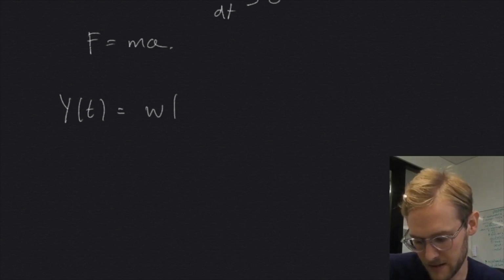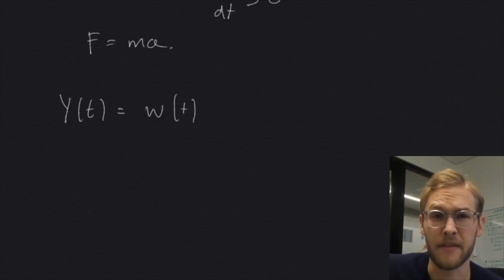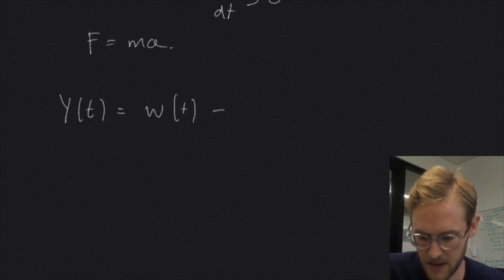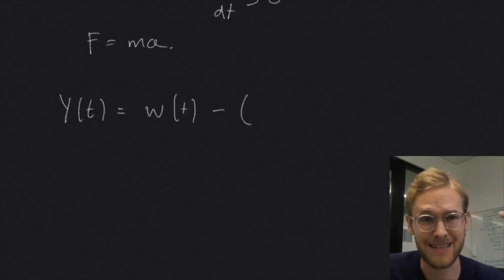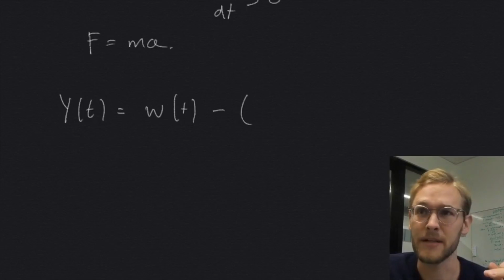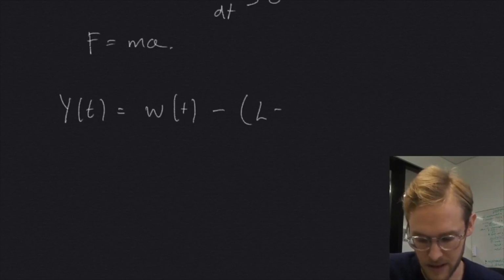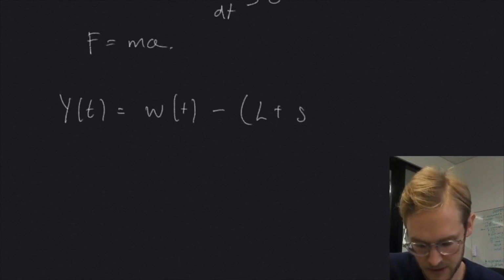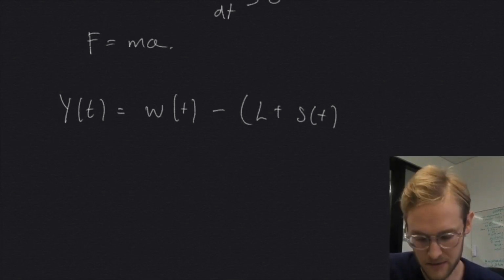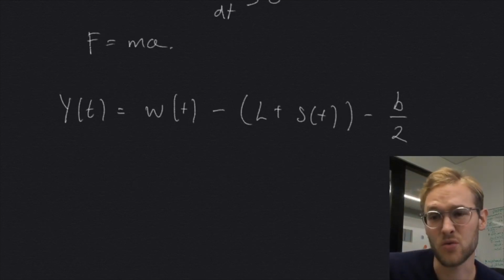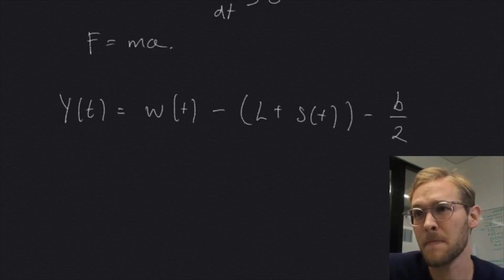It will depend on the position of the anchoring point, w of t, and because the position is actually in the negative y direction, it will be minus the length of the spring plus the stretch of the spring. That makes sense, right? And also minus b divided by 2. So that will be the center of mass of the box.